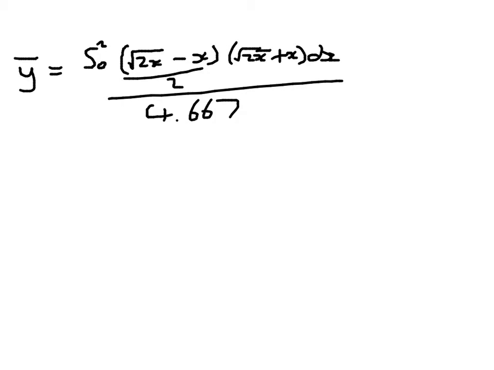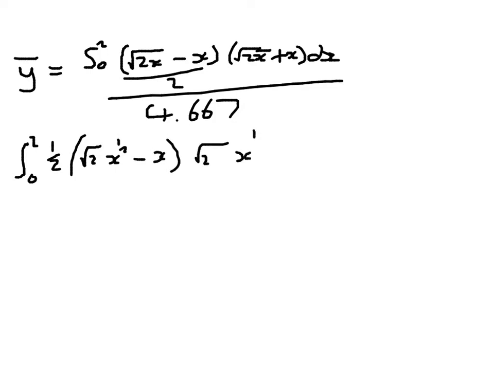So if we deal with just the top part, and I'll put the 4.667 back in at the end, well, that's the same as the integral between 2 and 0 of a half brackets root 2x to the half minus x root 2x to the half plus x dx.